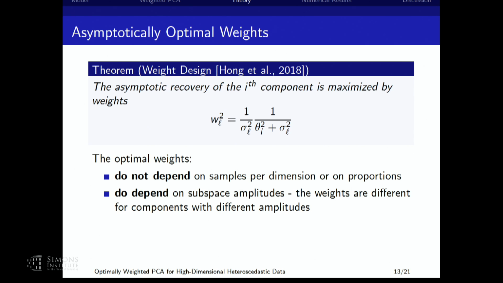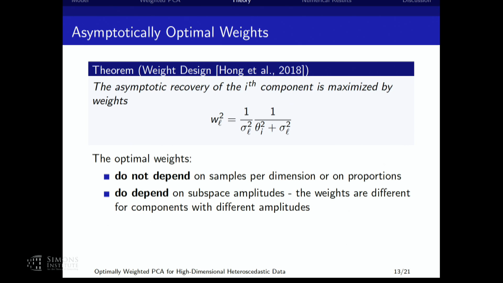It's a very simple form: the weights should be 1 over the noise variances times this other term that has the unknown amplitudes in it. It's 1 over the amplitude plus the noise variance for each column. And because the amplitude is there, that means that for every component you want to recover, you have to use a different weighting on the data, right?